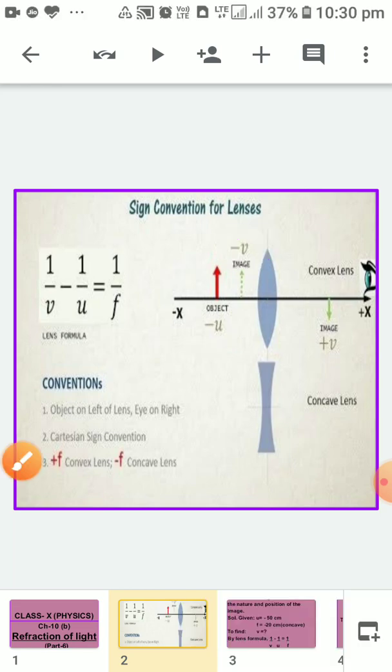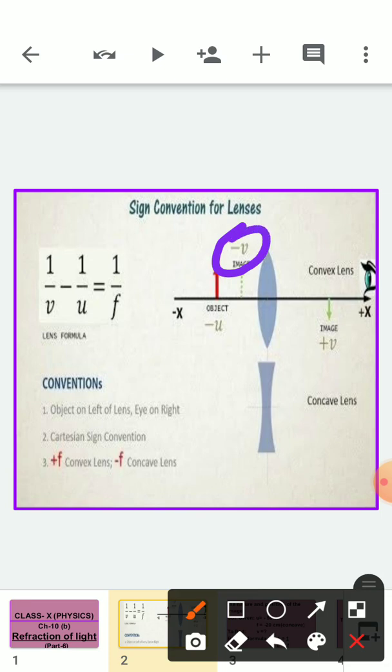If the image is forming on the left-hand side, then it will be virtual and erect, and v will be negative. But if the image is forming behind the lens, or we can say on the right-hand side of the lens, then it will be real and v will be positive.